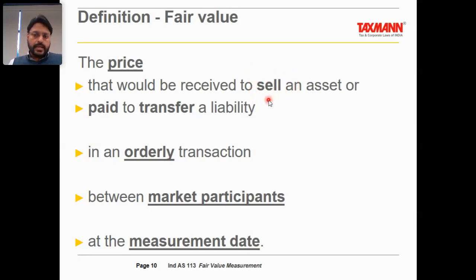That is, I am exiting an asset, selling an asset or paid to transfer a liability. So I am exiting either asset or liability. So whatever is the price, that is the exit price. In an orderly transaction, that is, the transaction shouldn't be distressed or forced by any regulator or the government or any other lenders. So this should be an orderly transaction between market participants at a particular measurement date.